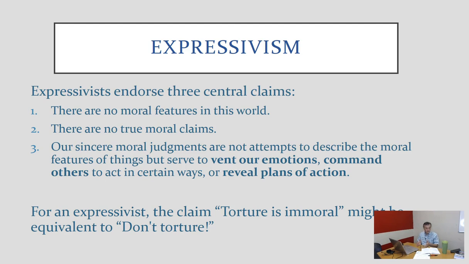Instead, what we're doing when we're making moral judgments is we're not trying to describe the way the world is. We are trying to tell something about ourselves, about our own inner state, our feelings, our wishes, our desires. That's what we're doing when we make sincere moral judgments. Okay, so that's the key difference then between the error theorist and the expressivist.